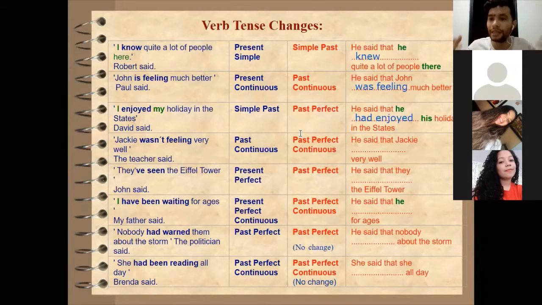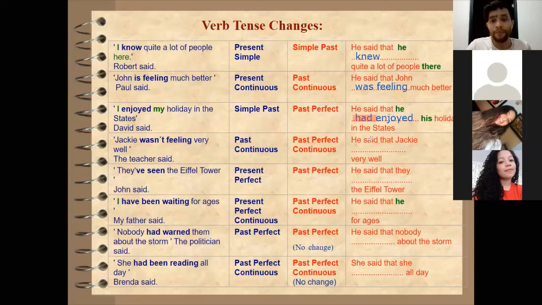So it stays the same. So I can say, he said, give me a second here. He said that he enjoyed his holiday in the States. And it also makes sense. So you can decide which one to use.